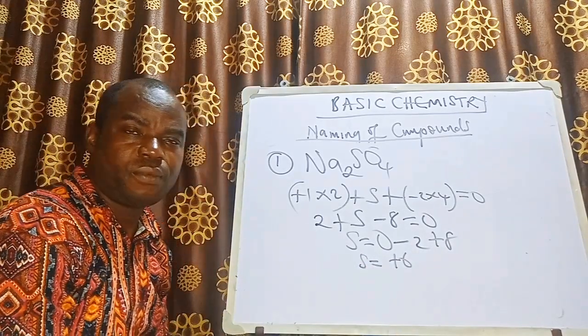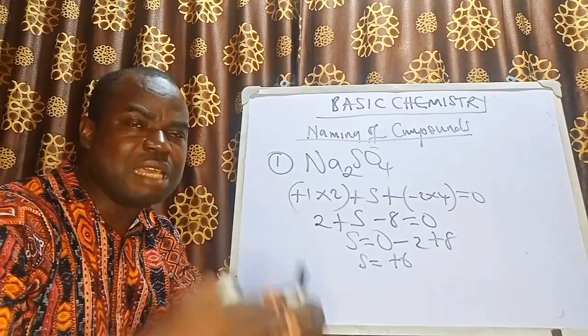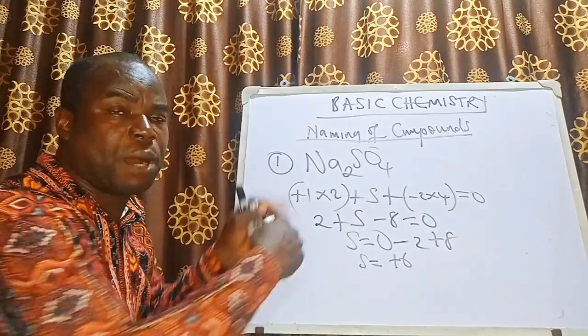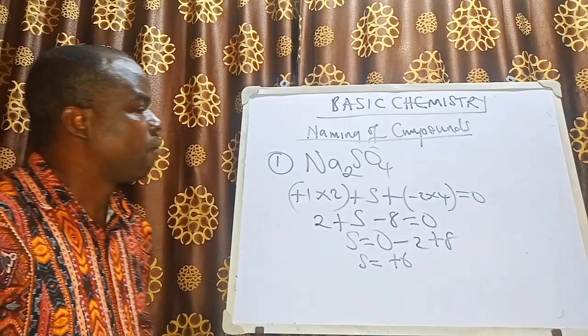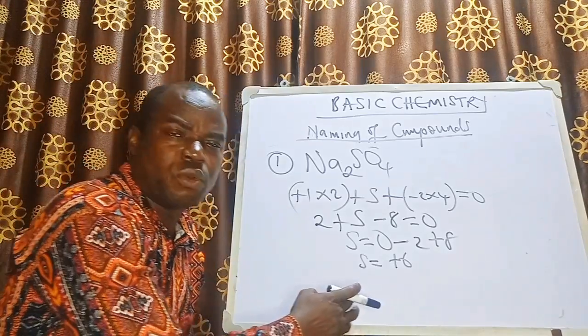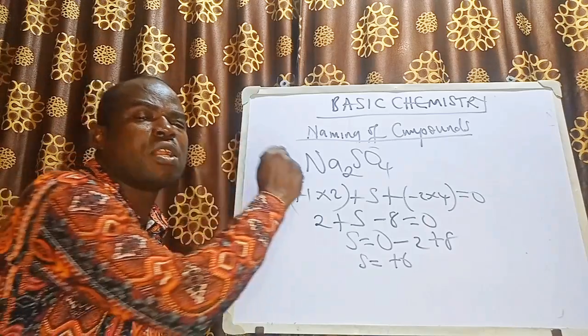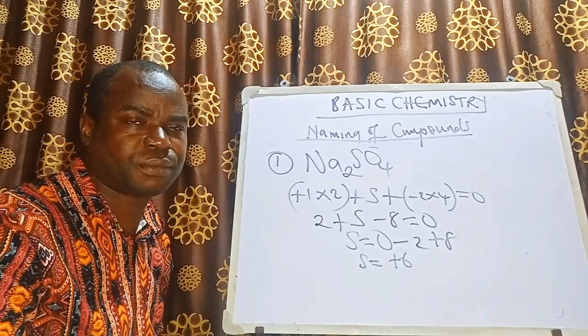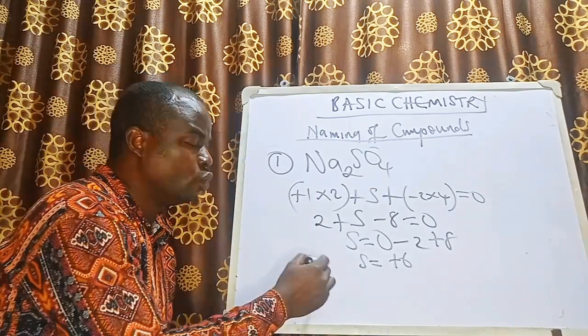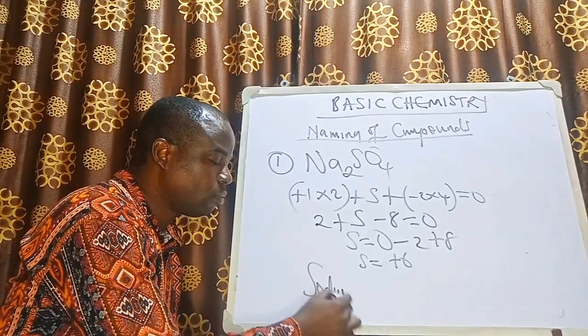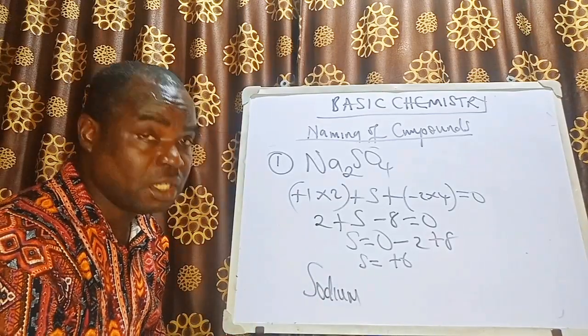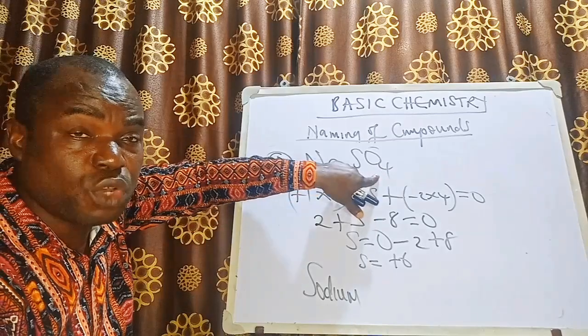Okay? Now, let us name the compound. I have found the sulfur we're looking for. So the name will now be, you call the first element first, which is sodium. You write it down. Sodium. Are you following? Then from this one, you already know the pronunciation.